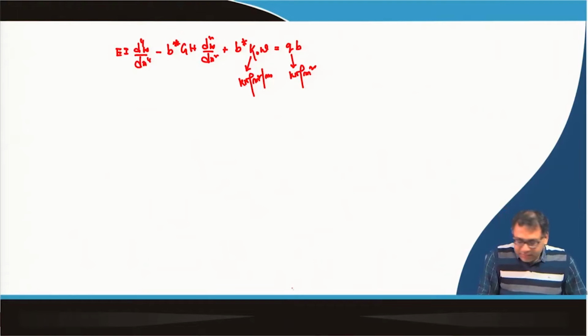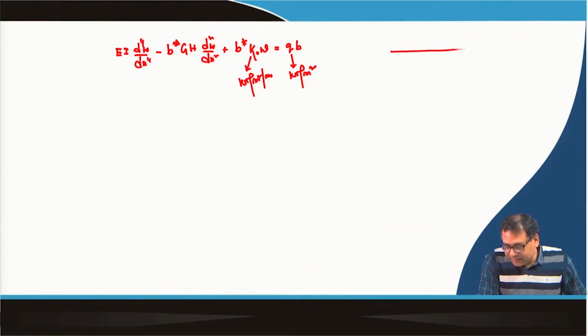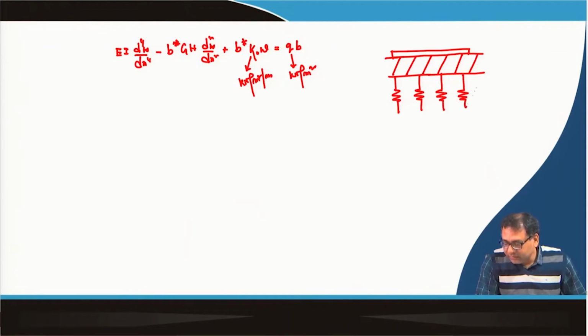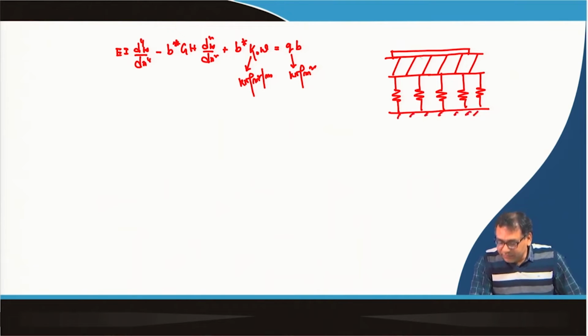Now here in this case, if the beam is resting on a 2 parameter model, the difference is that you will get the deformation within the beam region as well as outside the beam region also.